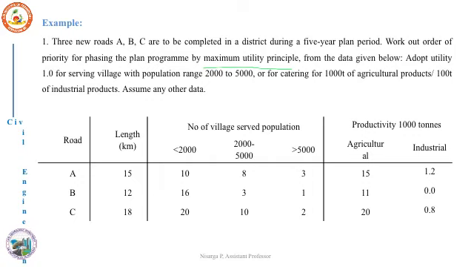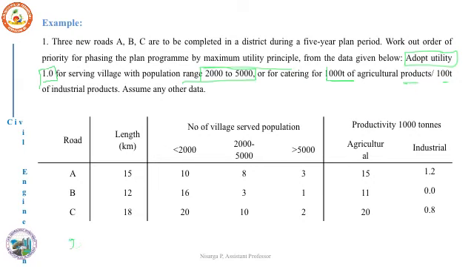In the data, they have also given that we adopt utility value 1 for a village serving population 2000 to 5000, and also for catering 1000 tons of agricultural product or 100 tons of industrial product.